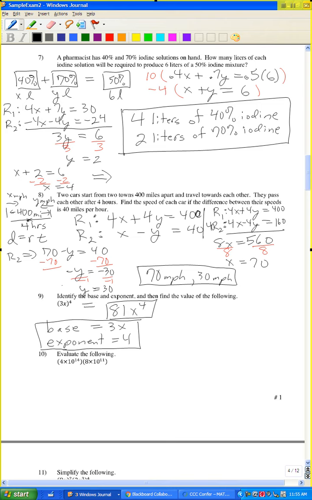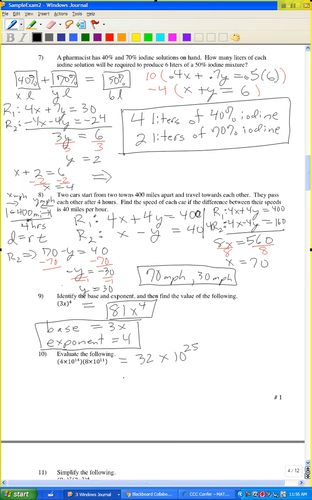Okay, let me evaluate the next thing. And so, 4 times 8 is 32. I have the same base 10 and exponents 14 plus 11 is 25.